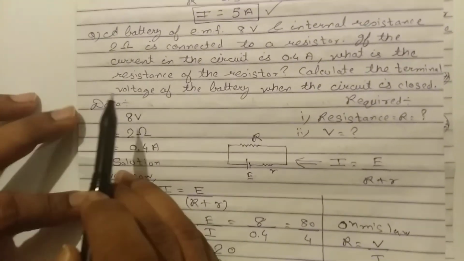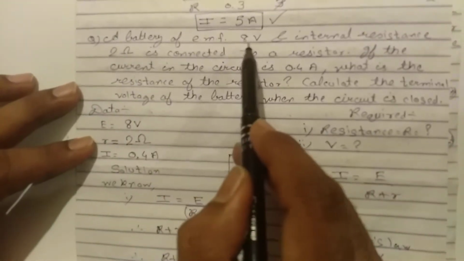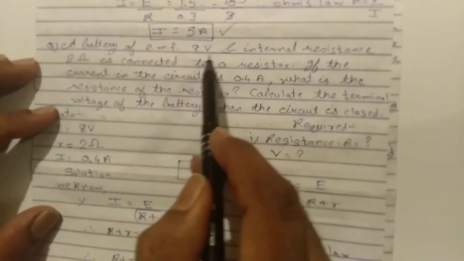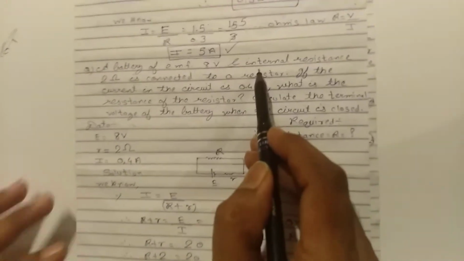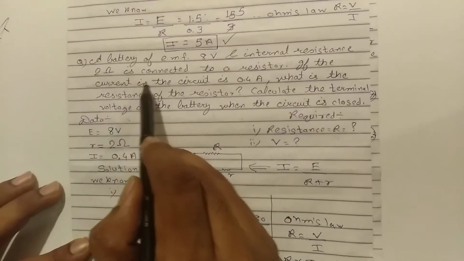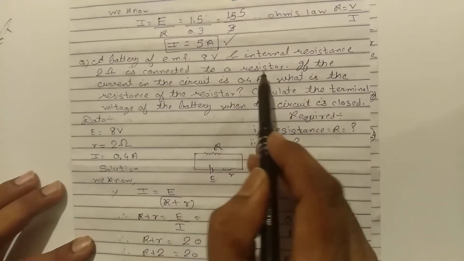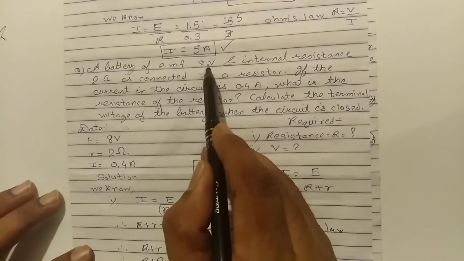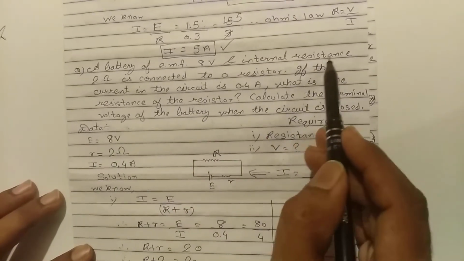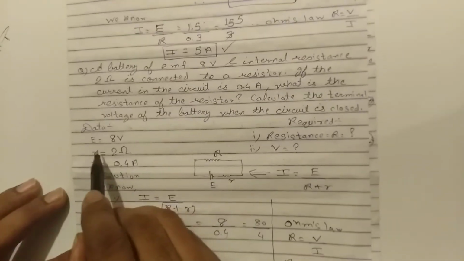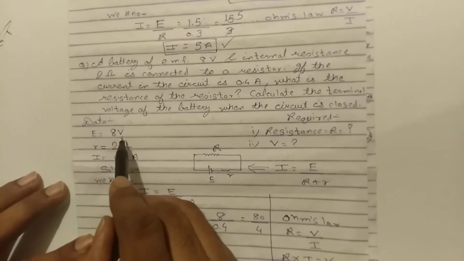Let us do the second activity, students. A battery of EMF 8 volt and internal resistance 2 ohm is connected to a resistor. Along with the battery, the information of internal resistance is also given. The battery EMF is 8 volt.